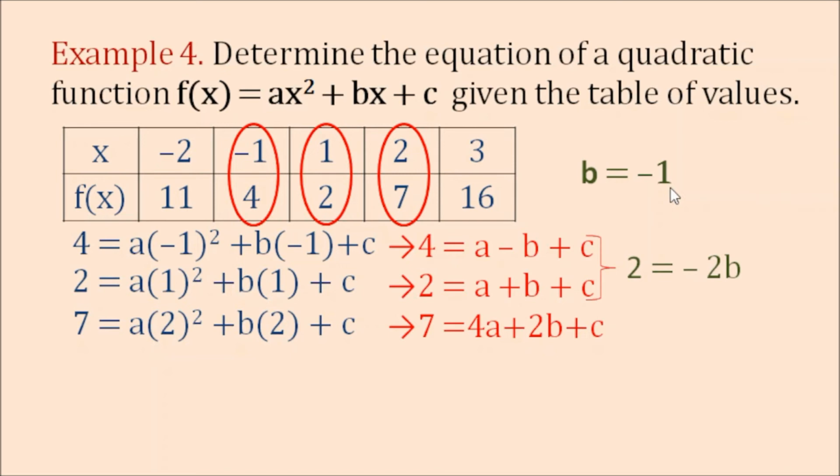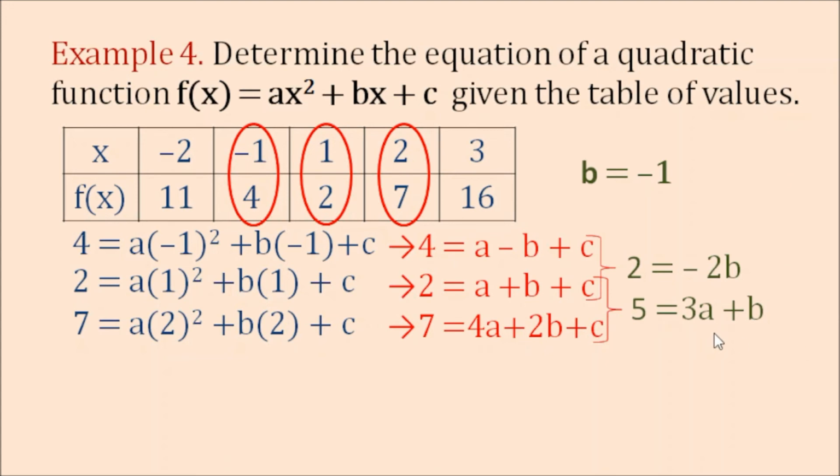Now, how about a and c? Okay, solving simultaneously equations 2 and 3. Subtracting equation 2 from equation 3, that means 7 minus 2 is 5, and then 4a minus a is 3a, and 2b minus b is b, and then c minus c is 0, no more.